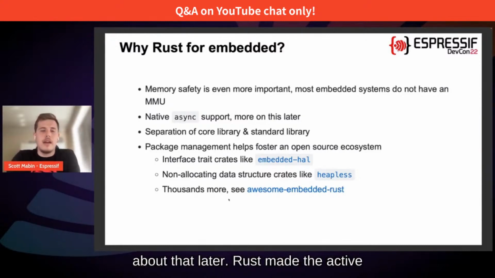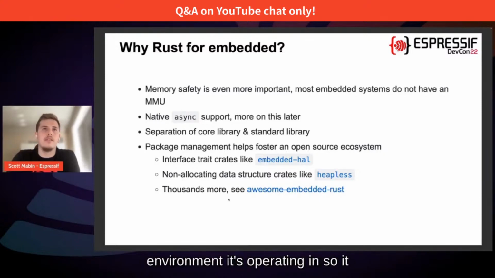Rust made the active decision to split the core library from the standard library, and the core library is essentially a freestanding library that makes no assumptions about the environment it's operating in. So it doesn't assume threads, it doesn't assume you can allocate, it doesn't assume there's networking.